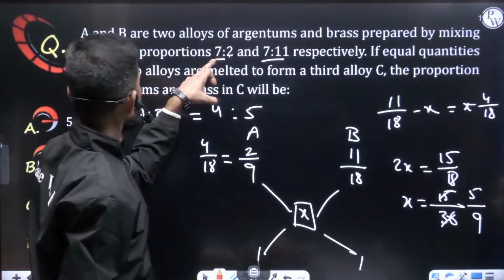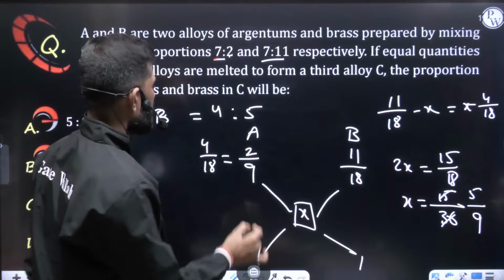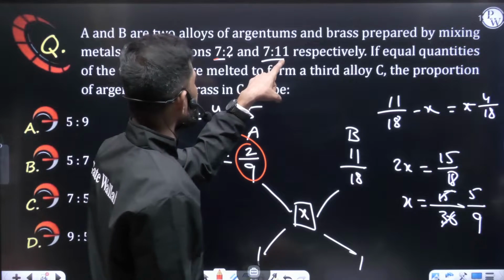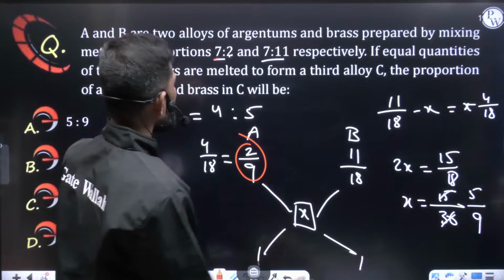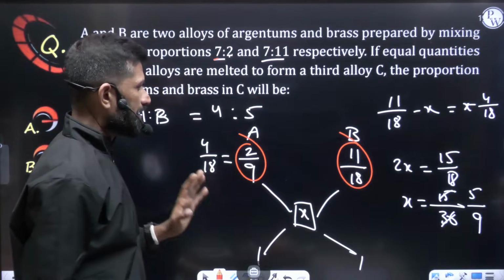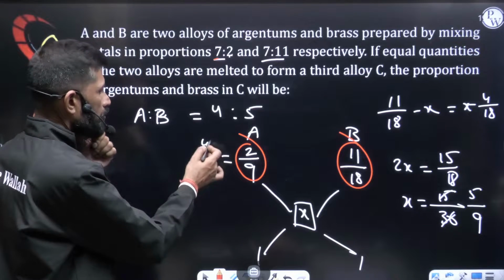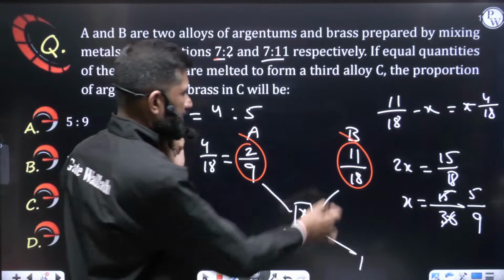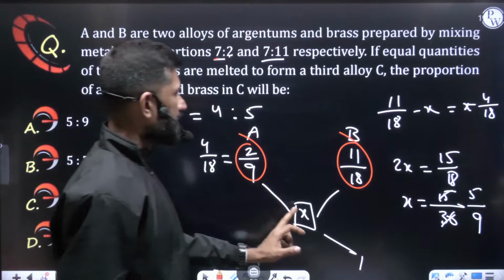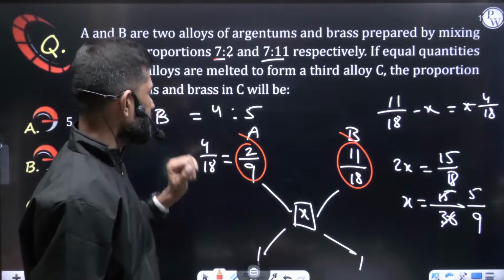Just check it once again from here. 7 parts is argentum, 2 parts is brass, so we have written 2/9 here. Here 11 parts is actually the brass, out of 11 plus 7, so 11/18. Here the new one we don't know. This is actually the brass we should be getting. When we go for 2, it becomes 4/18. So 11/18 minus x should be equal to x minus 4/18.